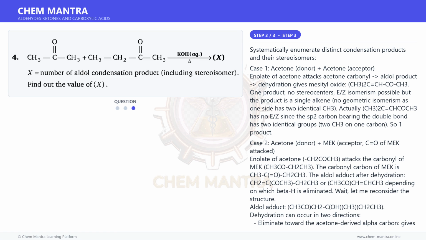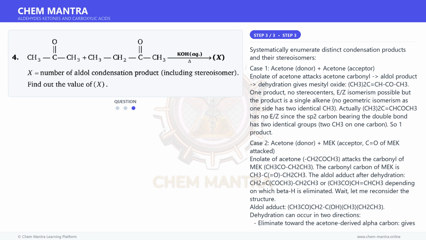No E/Z, since the carbon bearing the double bond on the right has two identical CH3 groups. So one product.